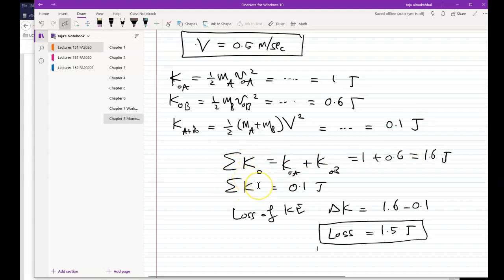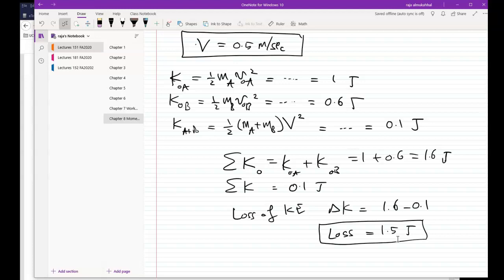But one of the characteristics of inelastic is that because they stick together after collision, the sum of the kinetic energy before and after are not equal. As a matter of fact, there is a lot of loss of energy, just dissipated into some other form of energy, such as heat and acoustical energy. You see what I'm saying? Good.